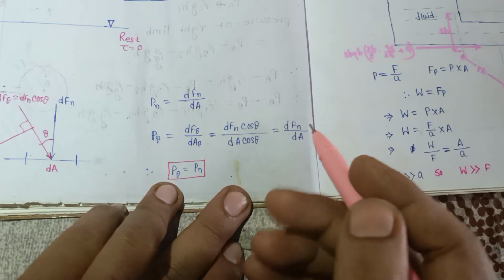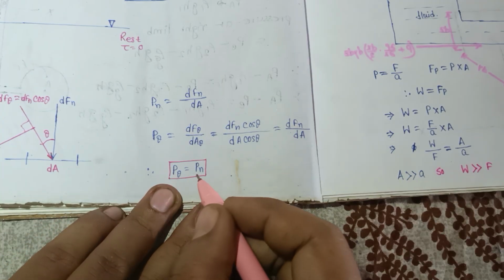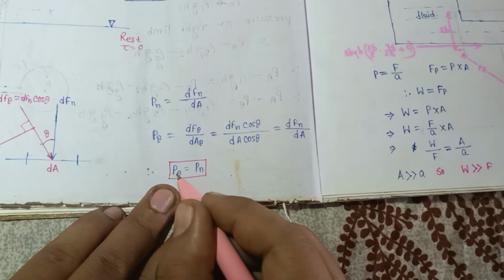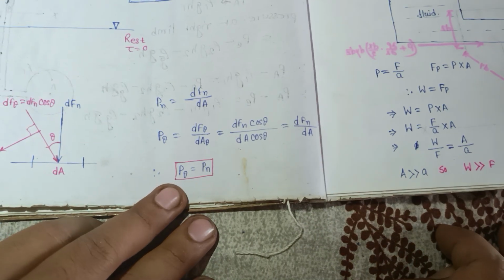So cos theta and cos theta cancel out, giving dFn by dA. So P theta equals Pn, the normal pressure, at any angle. That means the intensity of pressure is the same in all directions.